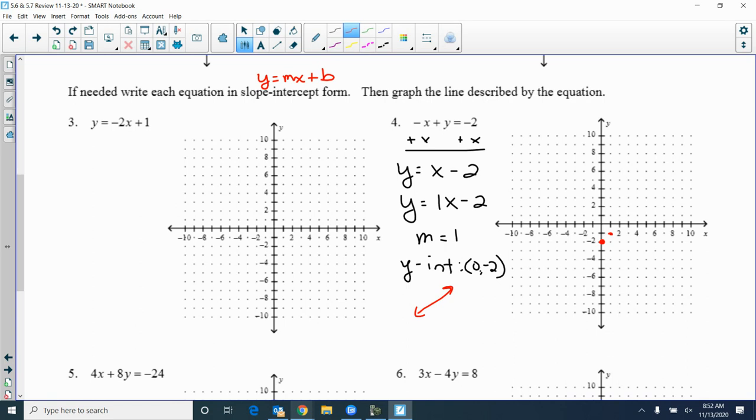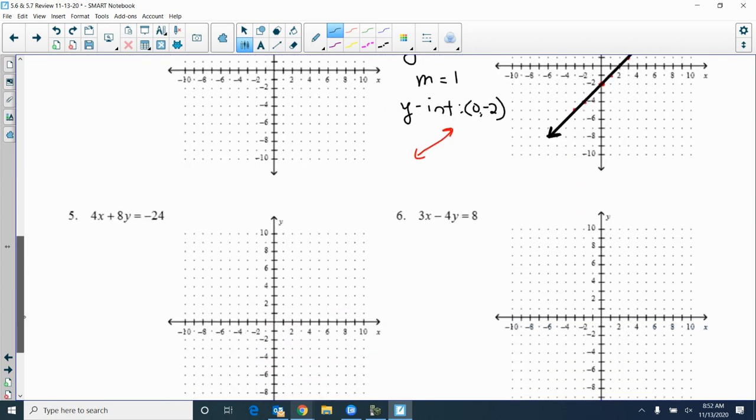So since the slope is only 1, you don't have to do a point for every one, but at least 2 or 3 to the left and 2 or 3 to the right. So there you go. That one we had to do a little bit.